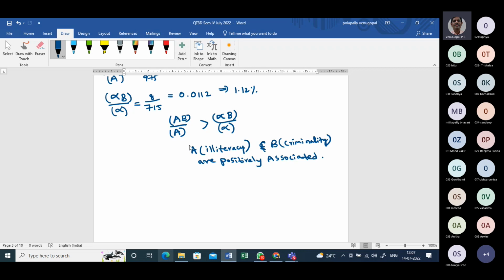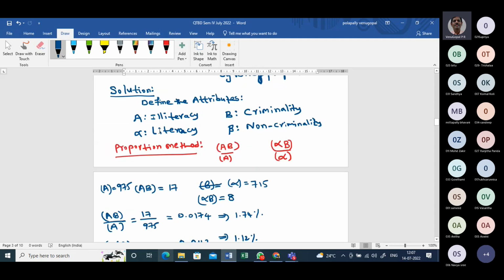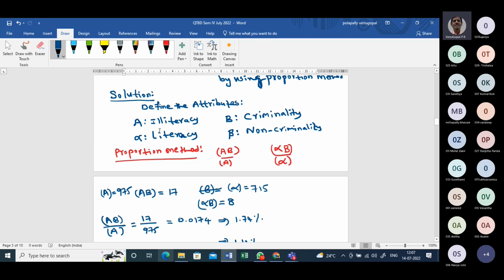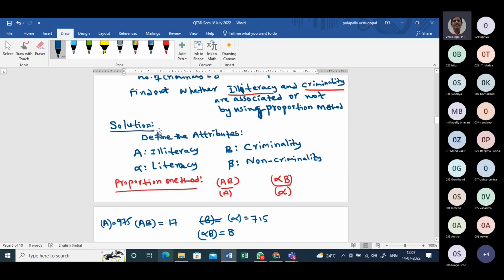There is no hard and fast rule, I feel. But to bring uniformity, this is the way. Everybody has to write like this.